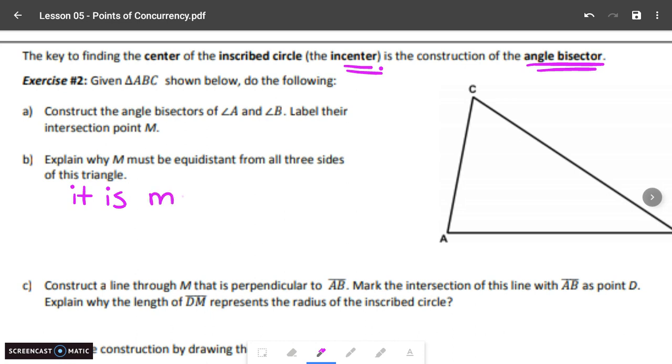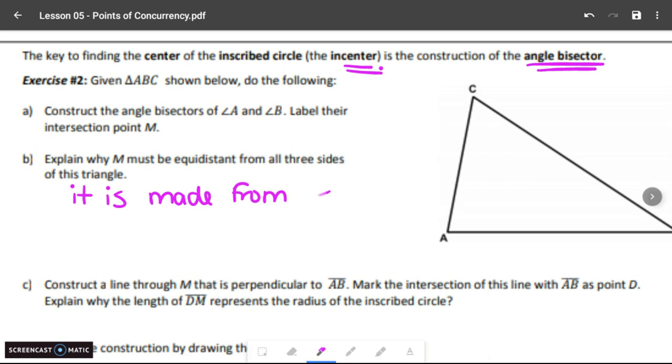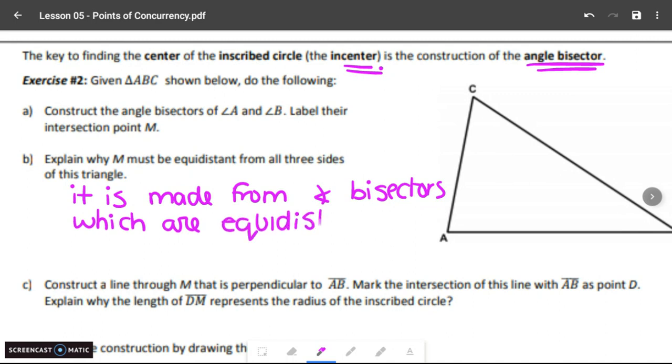It is made from angle bisectors, which are equidistant from the rays that form the angle.